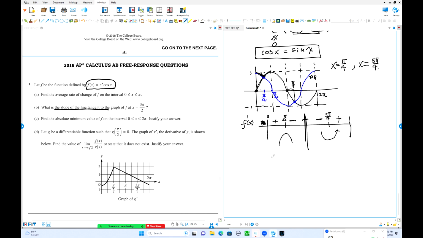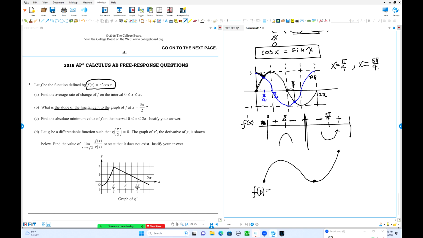The graph looks this way: from here increasing, decreasing, then increasing again. So we're going to find the minimum here and compare. Okay, f of 0 first.